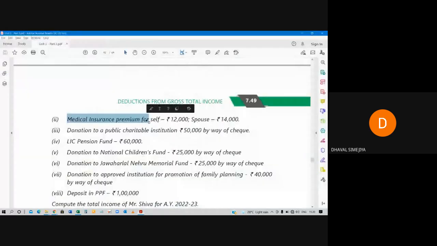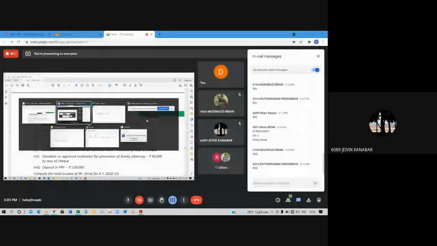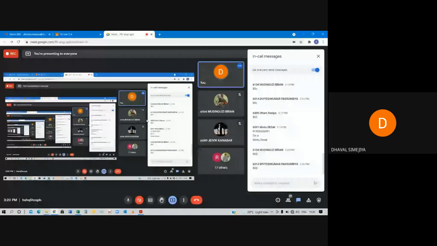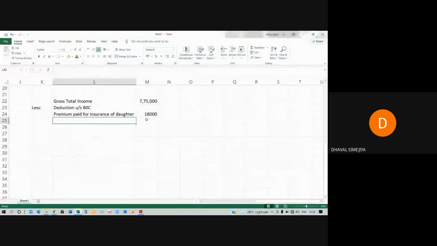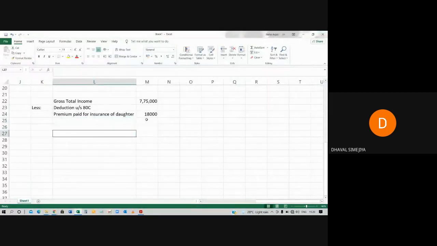Yes, 80D. What is the maximum limit for deduction under section 80D? Anyone can tell me?